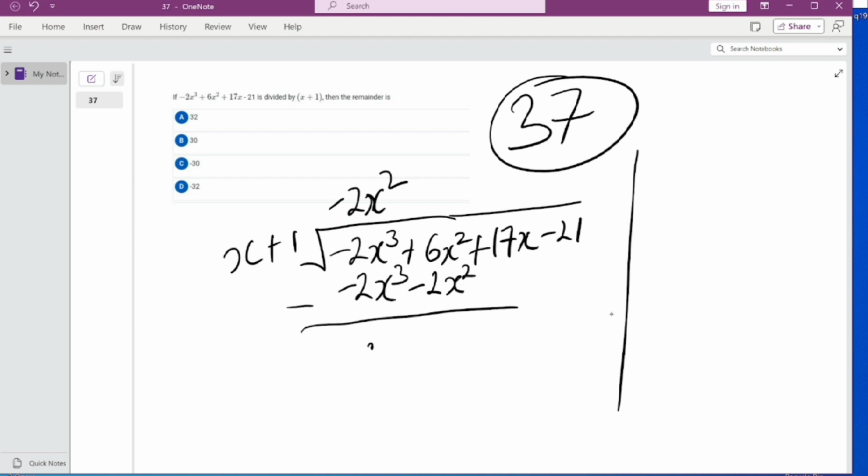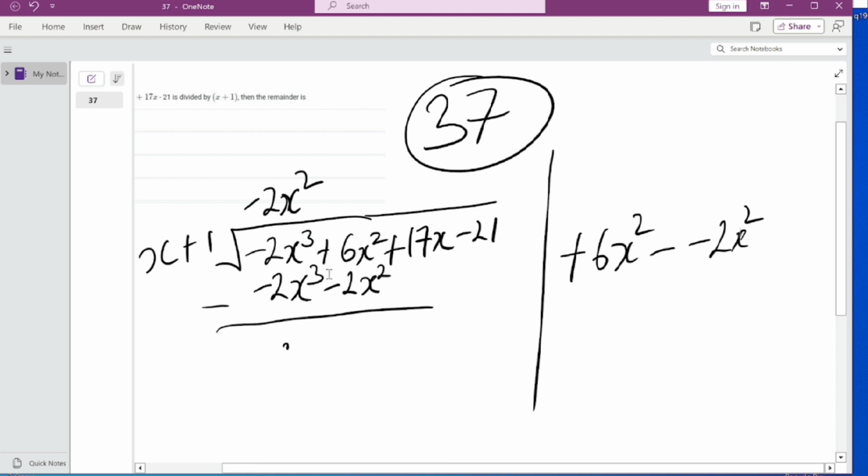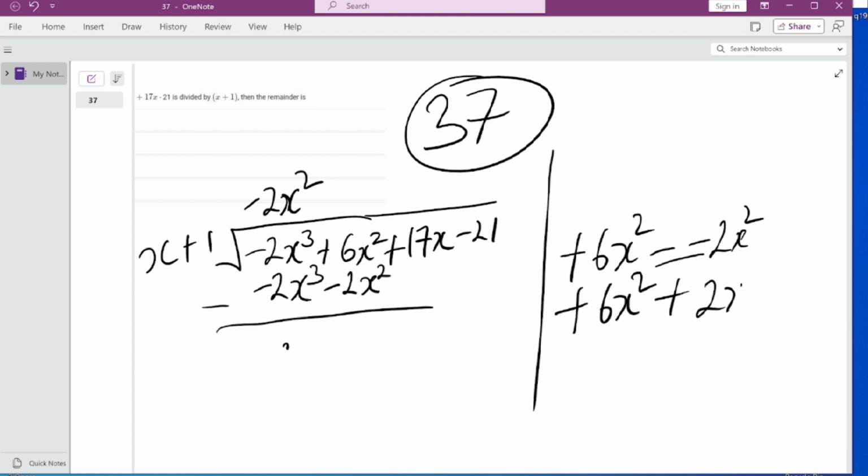On the second part of the equation, we have plus 6x squared minus minus 2x squared. Minus times minus will give you plus 2x squared. Plus 6x squared plus 2x squared gives us plus 8x squared. So we write our 8x squared here.